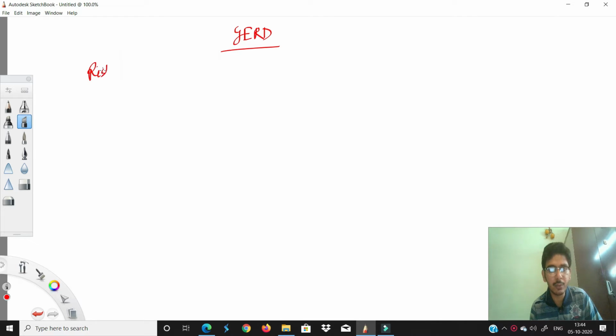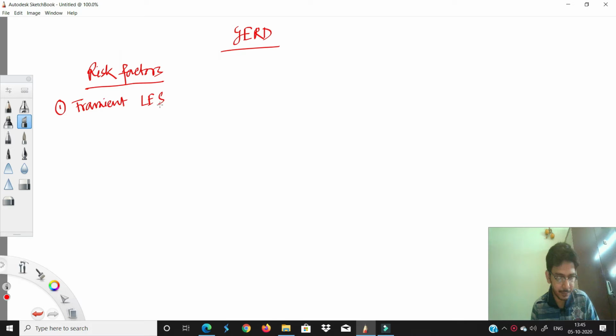What are the risk factors of this disease? First one is transient lower esophageal sphincter relaxation. Second point is smoking. Third is alcohol.